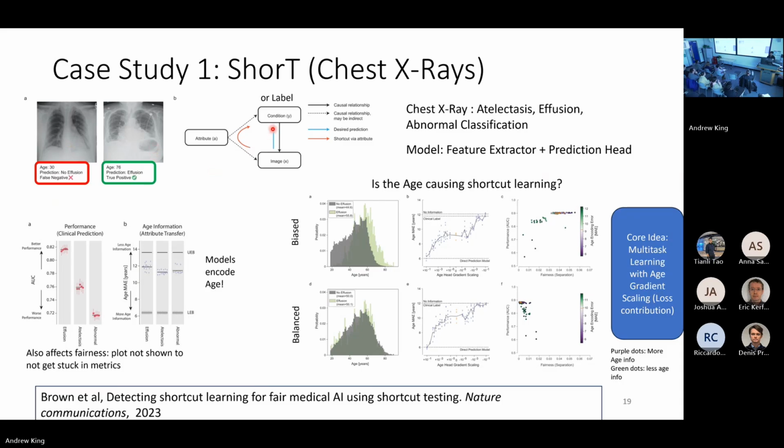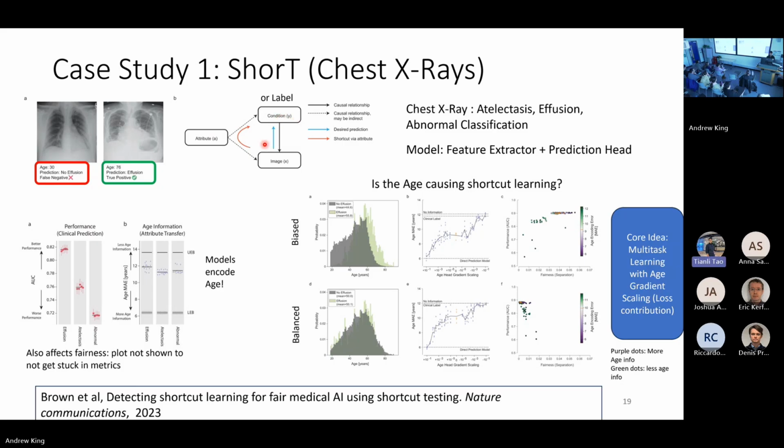And so this particular figure is actually restating something Andy also mentioned earlier, that we have to have a precondition that an attribute, which is age in this case, can be identified from the image. And it's also associated with the label, that is, the effusion labels and the young or old distribution aligns with the attribute.